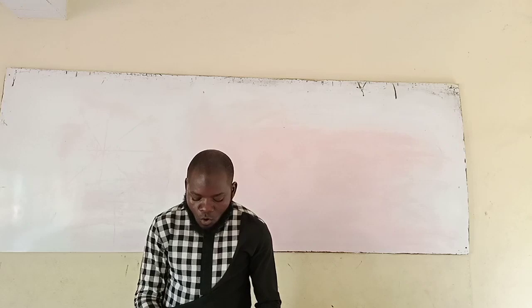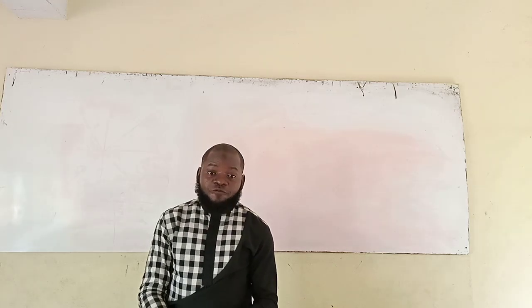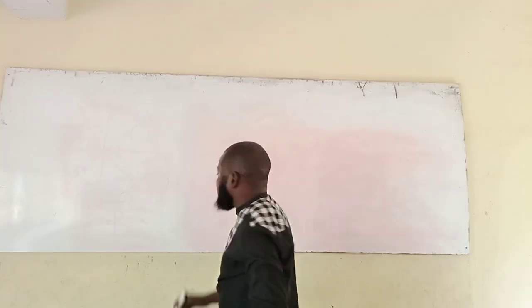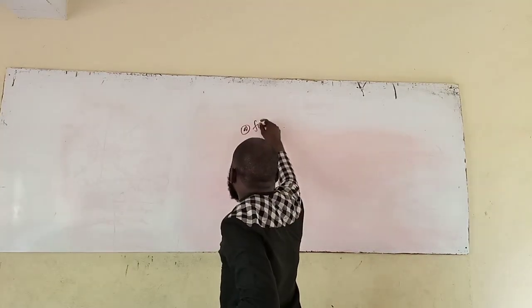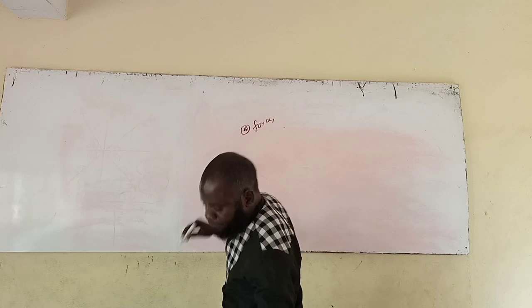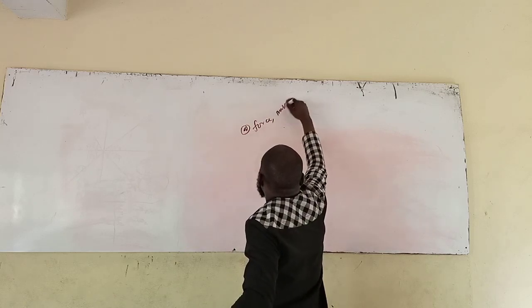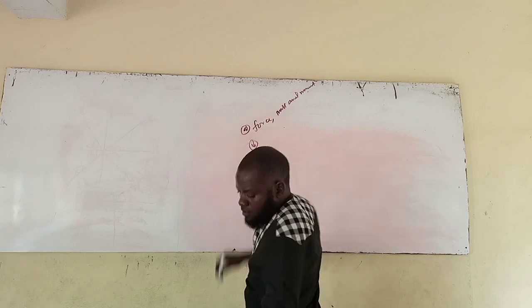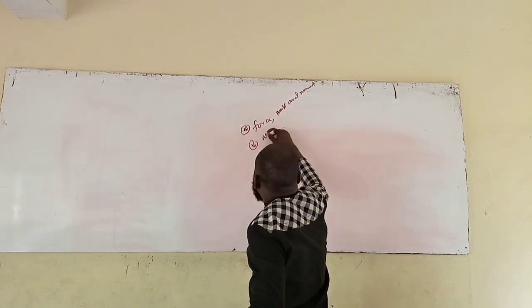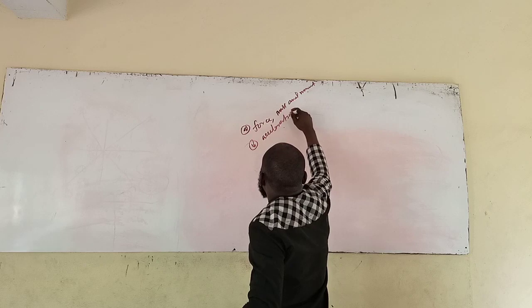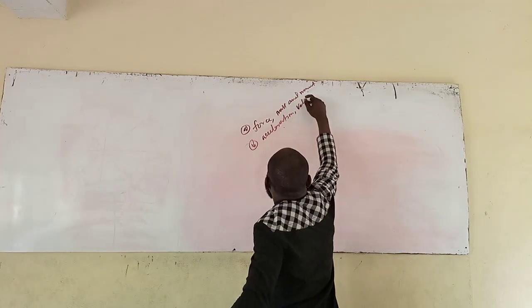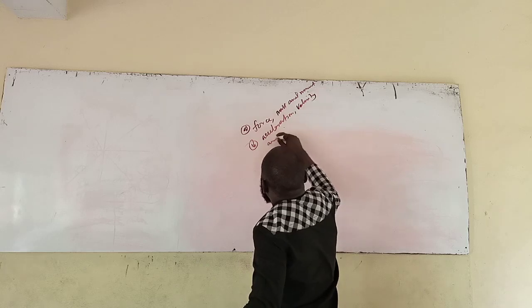The question asks, which of the following is a set of vectors? Which of the following is a set of vectors? Option A, we have the force, mass, and the moment. Option B, we have the acceleration, velocity, and the moment.